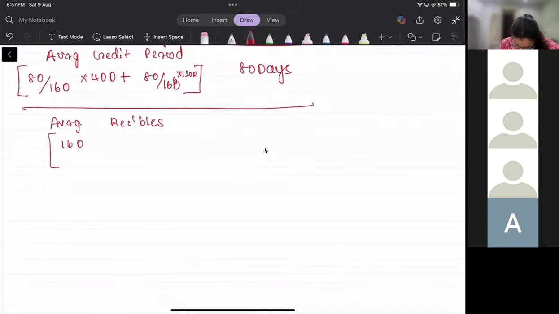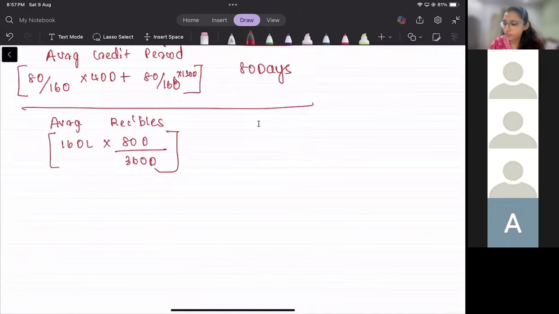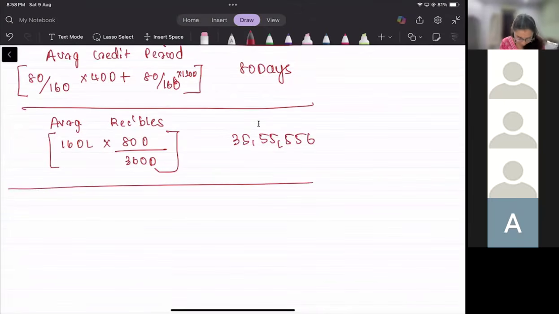I totally have 160 lakh of sales, of which my average credit period is 80. 160 lakh into 80 by 360. You will get it as 35 lakh 55,556.